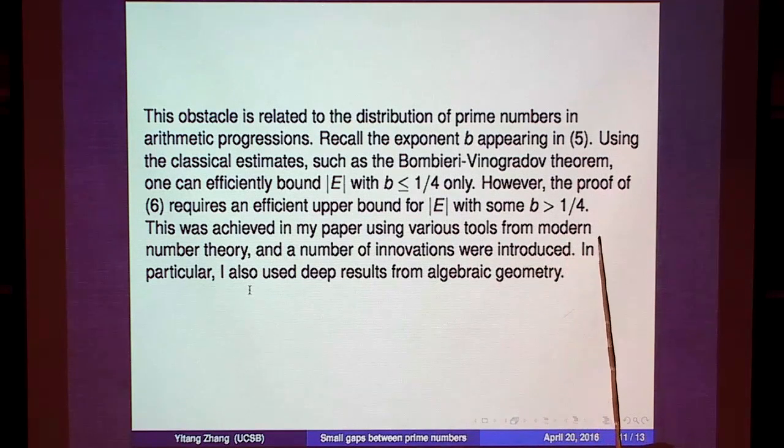That's enough. But eventually the conclusion was that no one could prove it. This, we know in number theory, we heard something about the Riemann hypothesis. To break the 1/4, should we get something stronger than the Riemann hypothesis?